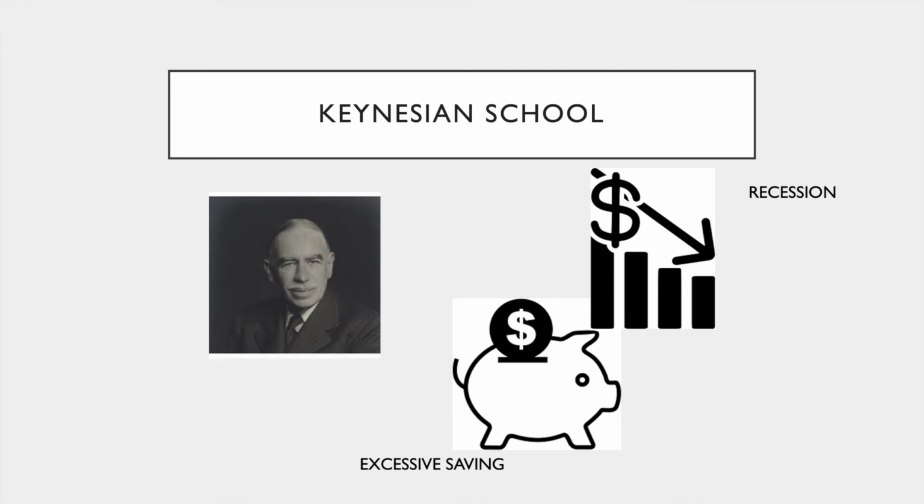Keynesian economics believes government plays an important role during recession. They think the recession is caused mainly by excessive saving and a decrease in aggregate demand. Just like during the Great Depression, during a recession the government should lower taxes and interest rates, and provide more social programs to stimulate spending.